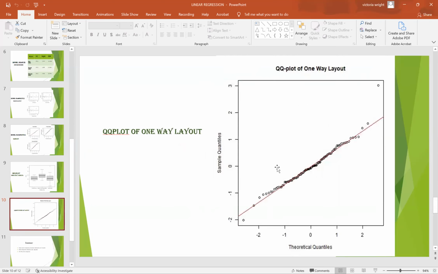And after doing the one-way layout, one-way ANOVA, I use the QQ plot to check and make sure they follow a normal distribution. And when I transform the y-axis by logarithm, they stay on the line.